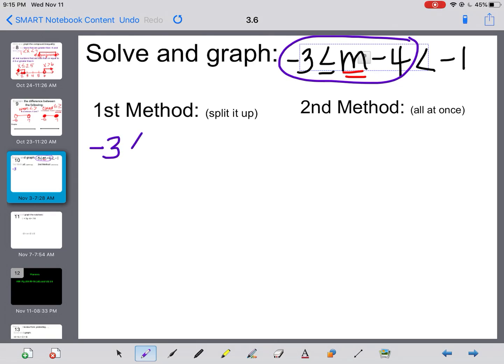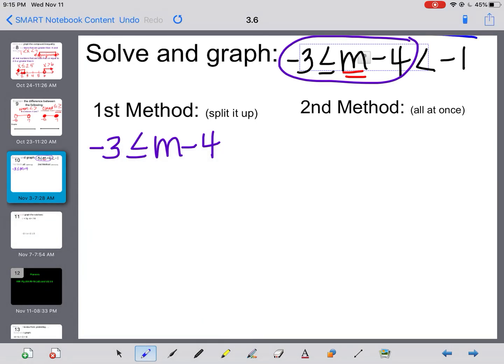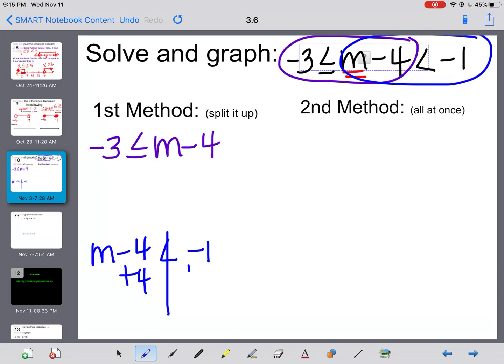We need everything in the middle with one of the sides. So I have -3 is less than or equal to m-4. And then the second inequality that I would need to solve is this part. Okay, so m-4 is less than -1.